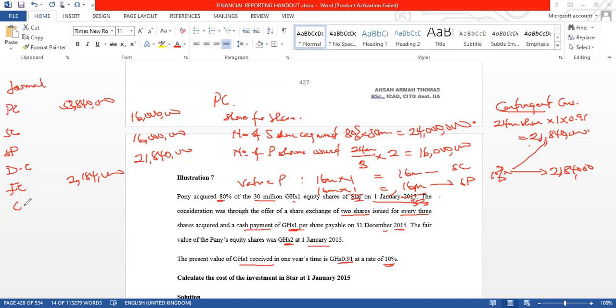So deferred consideration, but these ones are the CL part. Okay, you have 2,184. All right, at the end of the day, your journal balances. So that is that. All right, so be careful passing your journal.